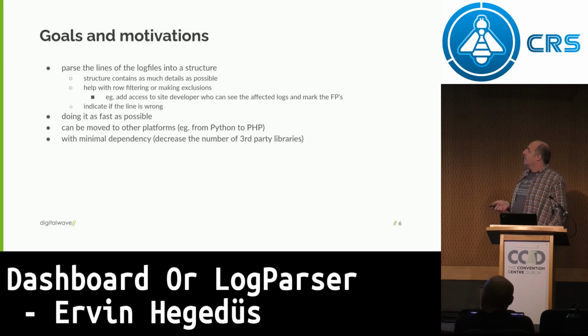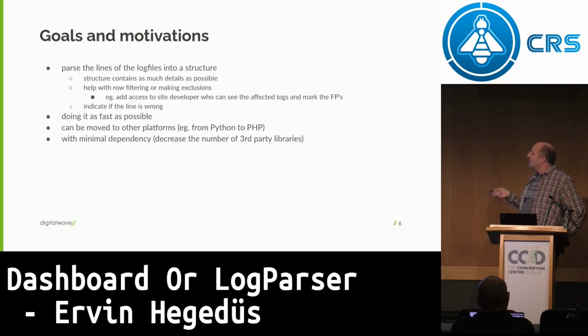So goals and motivation: parse the lines of the log files into a structure, and the structure contains as much detail as possible. And on the dashboard, help with row filtering and making exclusions later. And for example, add access for a site developer. This is what I talked about. For example, if a developer works on a project and wants to see the log results.